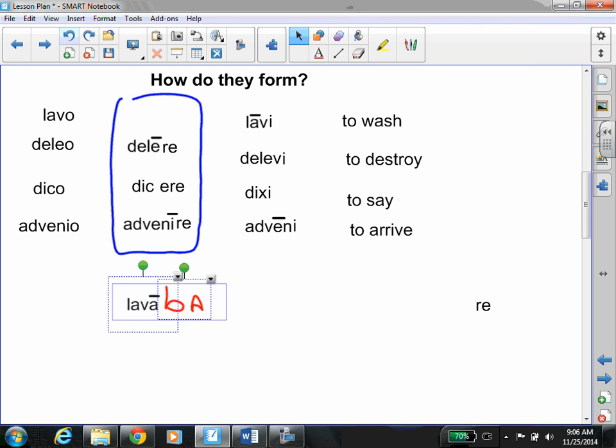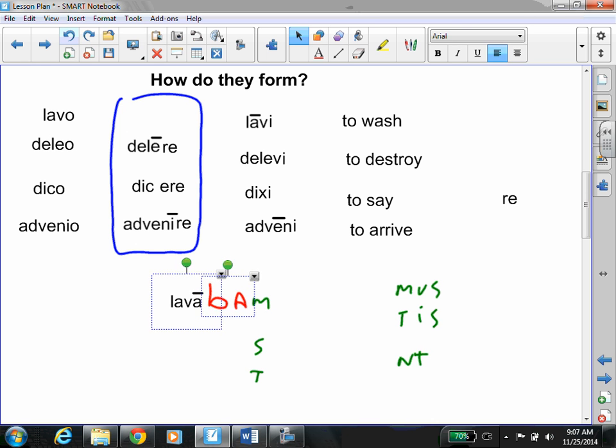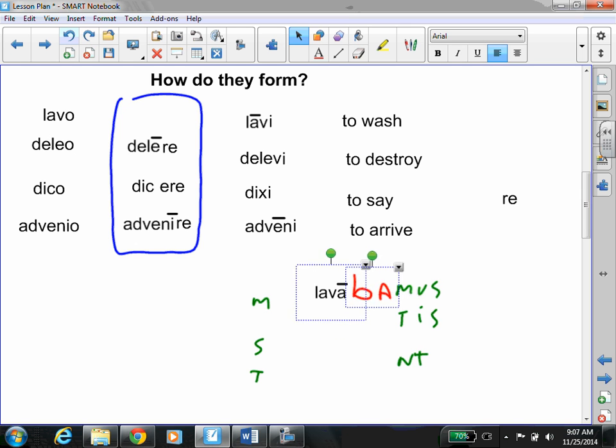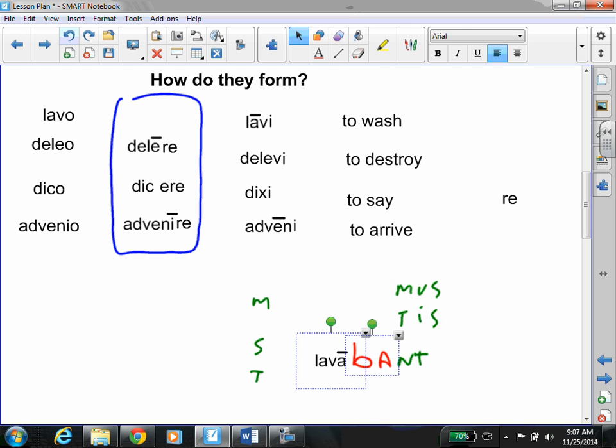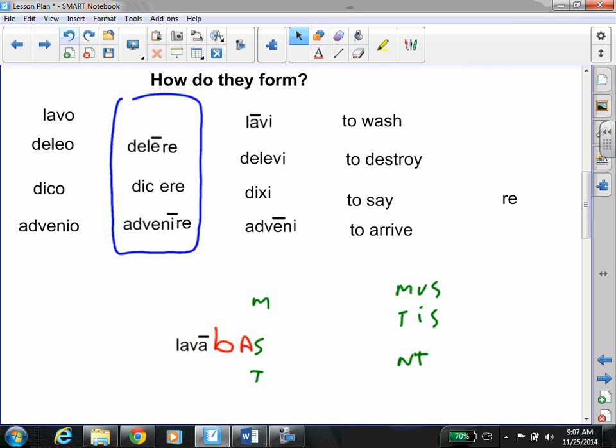Once I have this, then I can add my personal endings, which are M, S, T, mus, tis, and nt. So I have I was washing, you were washing, he was washing, we were washing, y'all were washing, and they were washing. So all I'm doing is adding those endings. So lavabam, lavabas, lavabat, lavabamus, lavabatis, and lavabant.